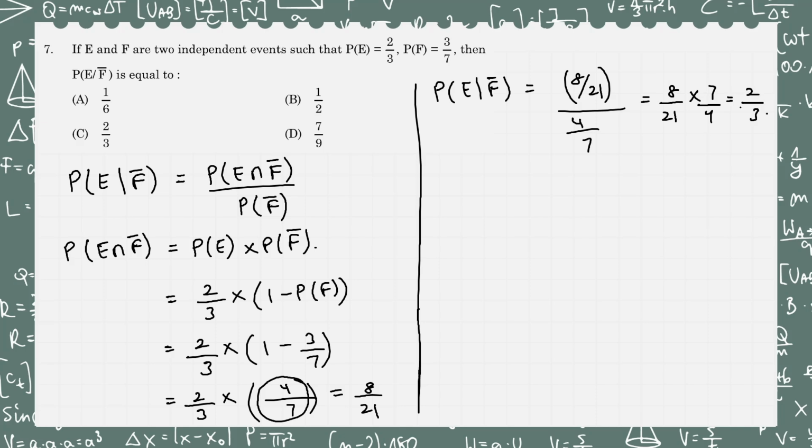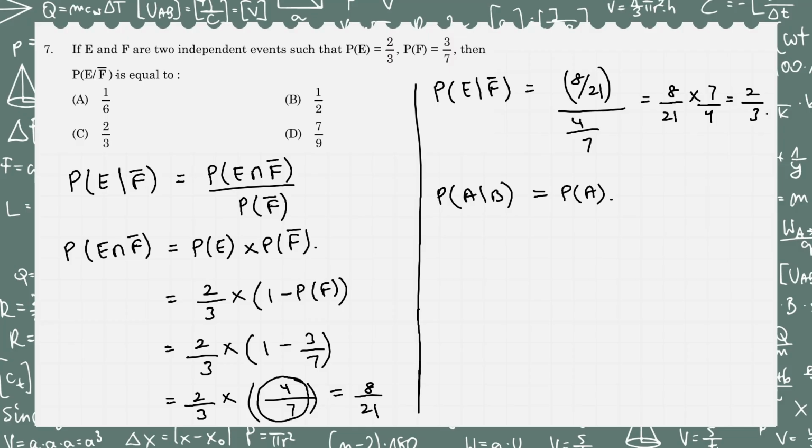One more thing we can directly apply here, a shortcut way, is whenever they are asking P of A given B, if A and B are independent events, then P of A given B is nothing but P of A. So, we can apply this and directly tell the answer without even doing all these calculations.